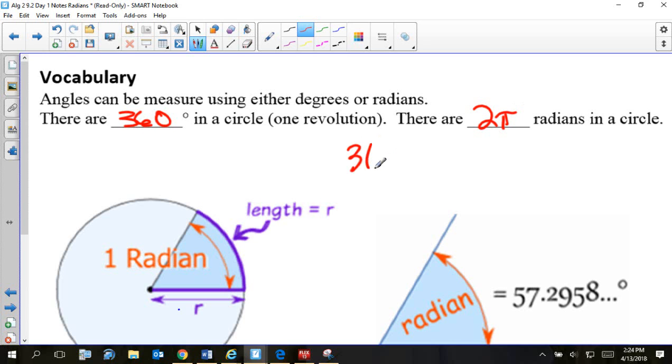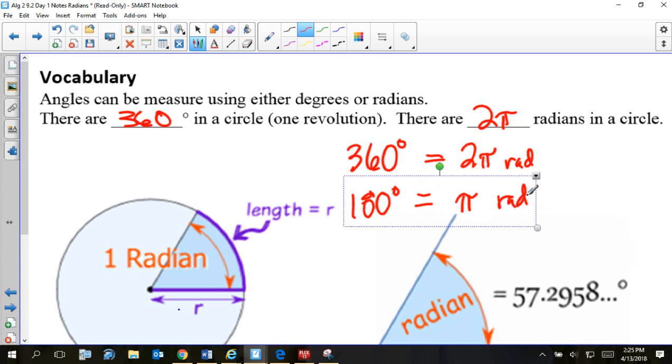So 360 degrees is the same as 2 pi radians. 180 degrees is the same as pi radians. They are equal to each other, just like 1 foot is the same as 12 inches. They are equivalent. Okay?